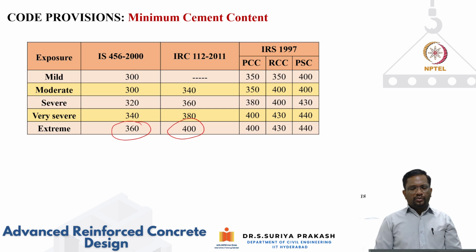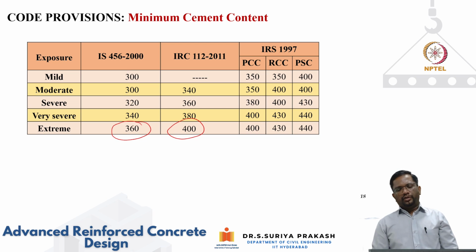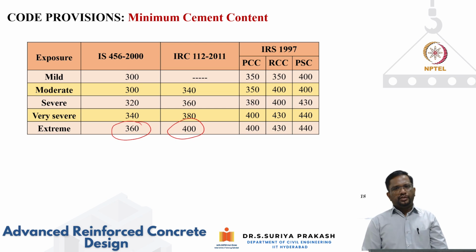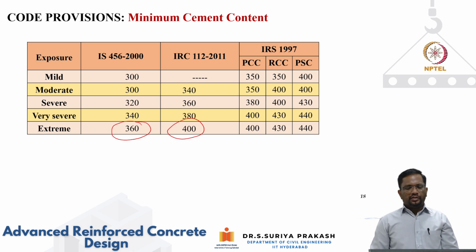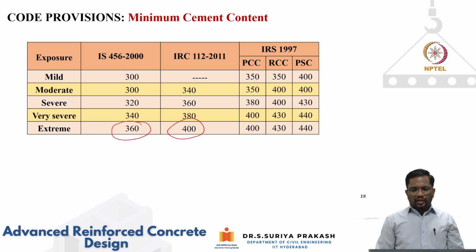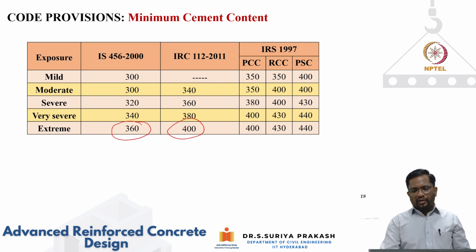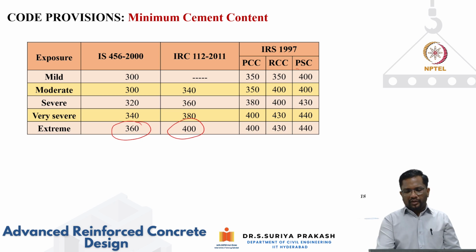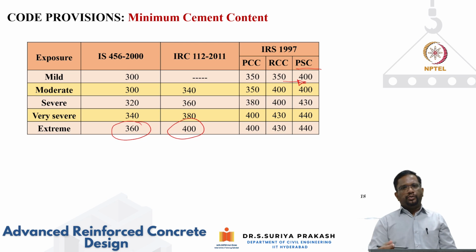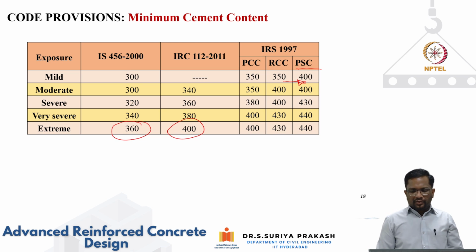So that is the reason the code is recommending about 10 to 12 percent higher minimum cement content compared to that of IS 456. And you can see here, IRS has three classifications: plain cement concrete, reinforced concrete, and pre-stressed concrete. You can see that for RCC and pre-stressed concrete, the minimum cement content recommended is going to be higher than what you need for a reinforced concrete application.